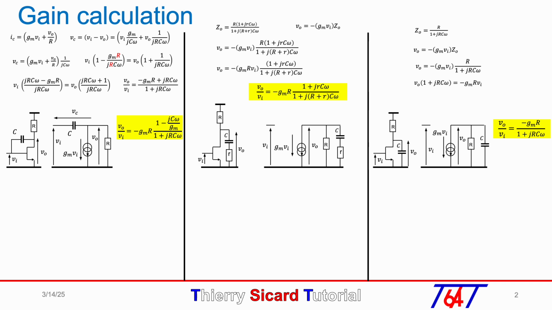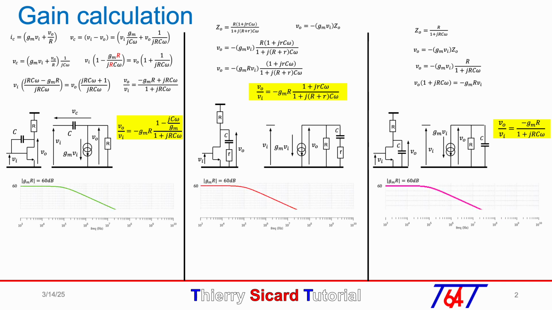It's time to compare these three gains by plotting the low frequency curve. In the first case, we notice that the pole omega p is equal to 1 over RC, denoted in red, and RC is underlined in red in the gain equation.